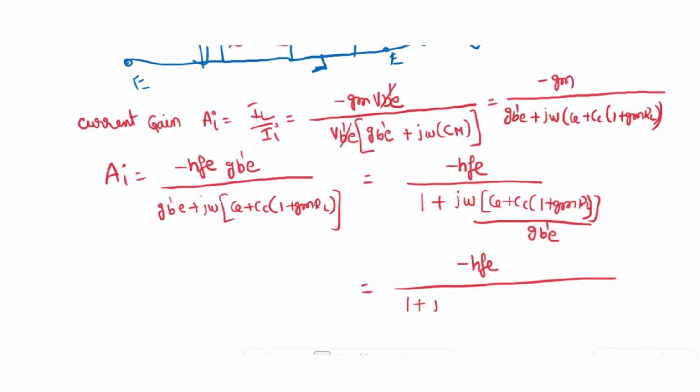So 1 plus J 2 pi f of CE plus CC of 1 plus GMRL divided by GB dash E.